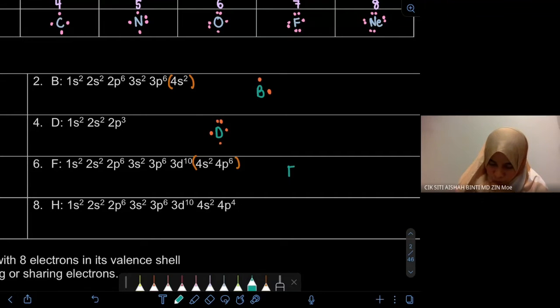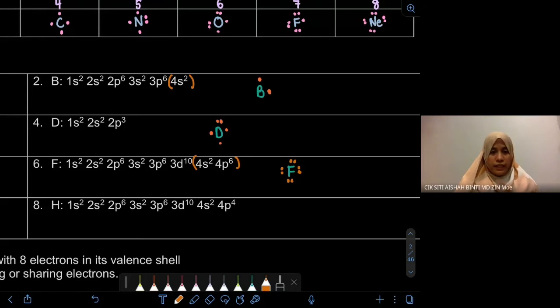F, lepas tu ada, so kita tengok ada 8 dot, ada 8 electron kan. So we should have 8 dot lah. 1, 2, 3, 4, 5, 6, 7, 8. So dapatlah 8 dot. Okay, so that is example number 6.